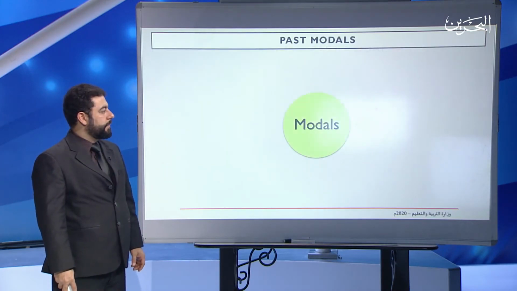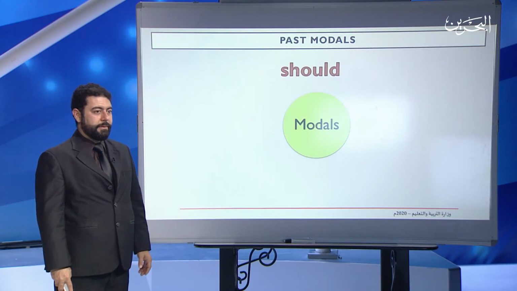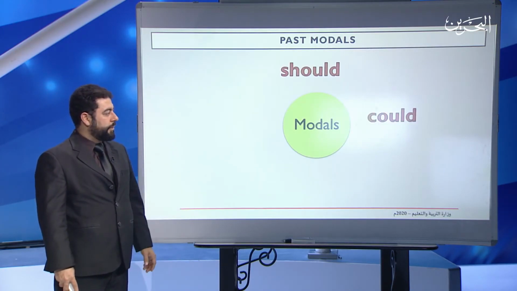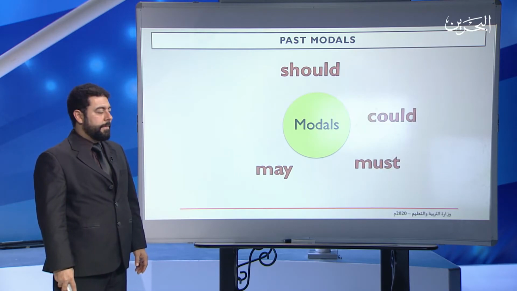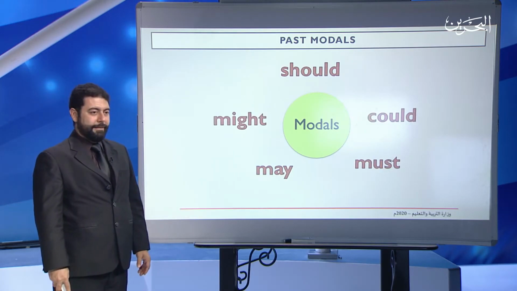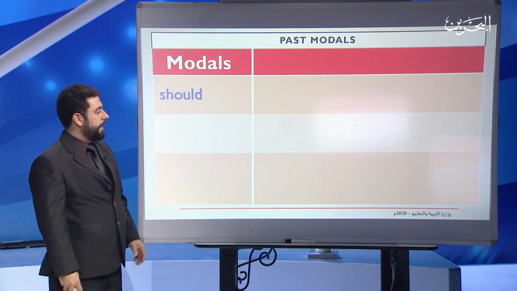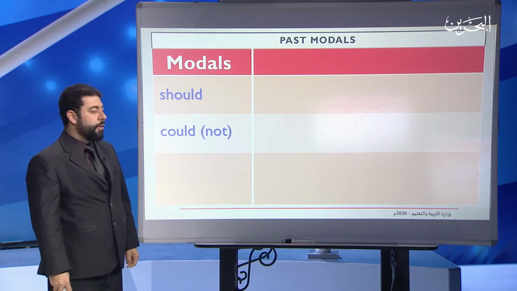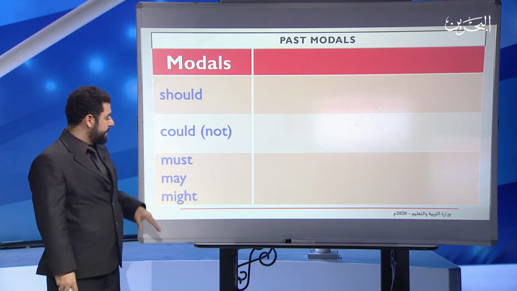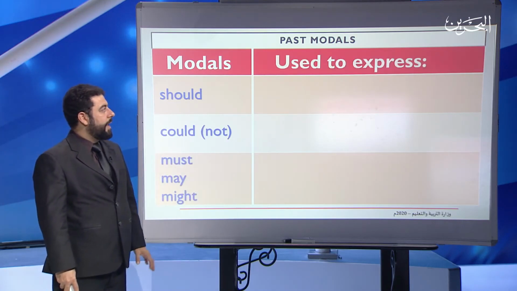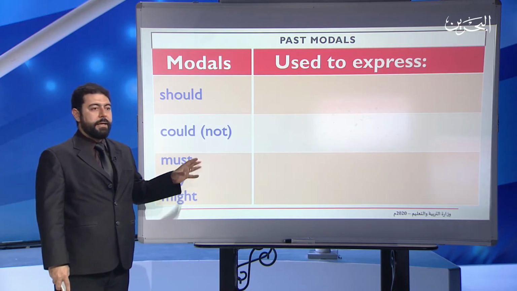Past modals. So, we have a list of past modals. We have should, could, must, may, and might. So, the modals are again should, could or could not, must, may, might. And we have uses for each one of them.